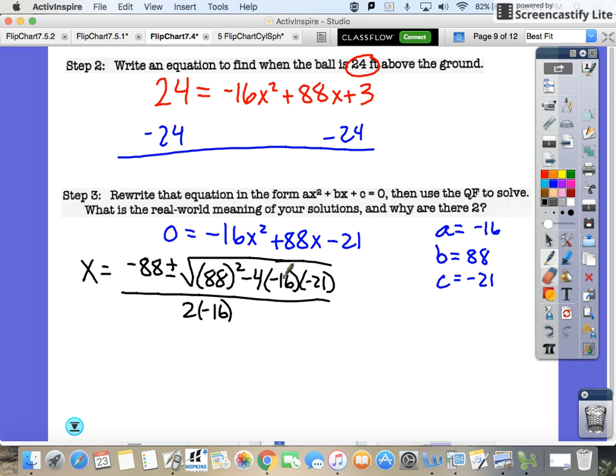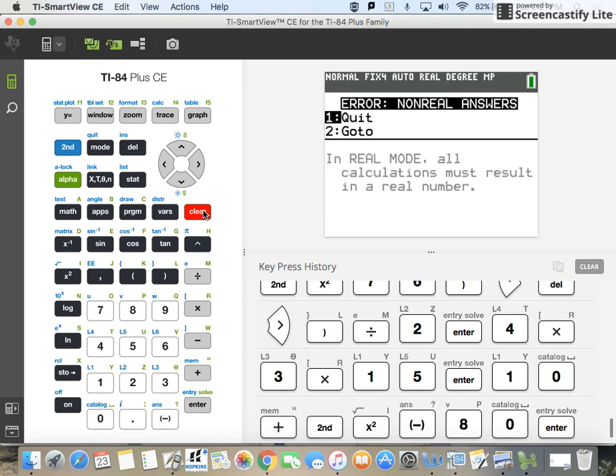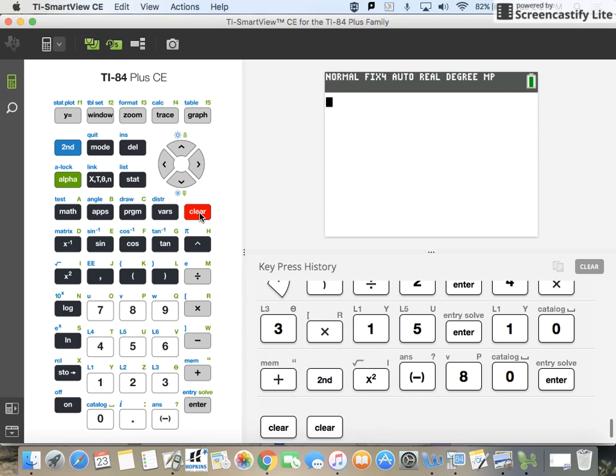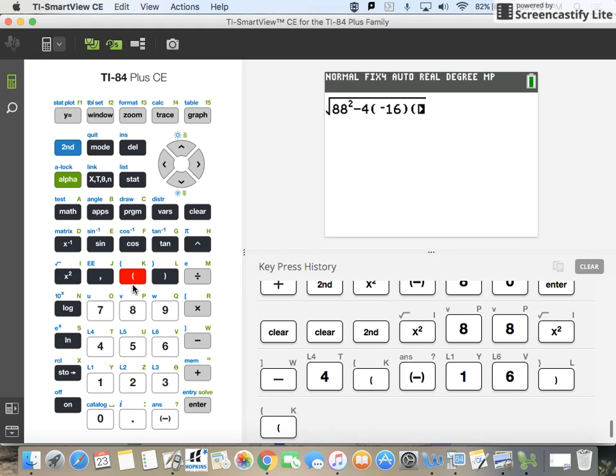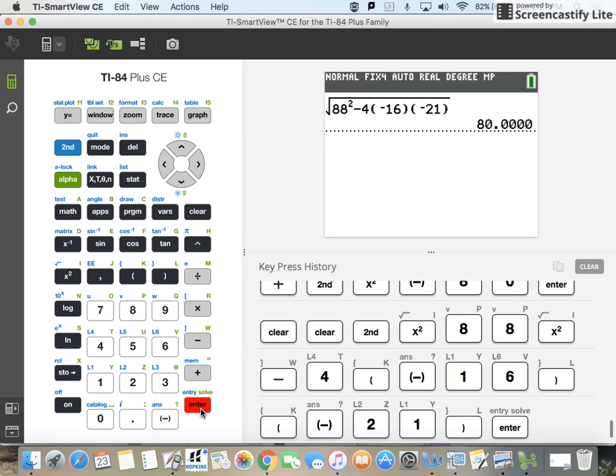Now I'm going to type this in the graphing calculator. So we've got 88 squared minus 4 times a times c. Hit enter. So the square root of all that is 80.